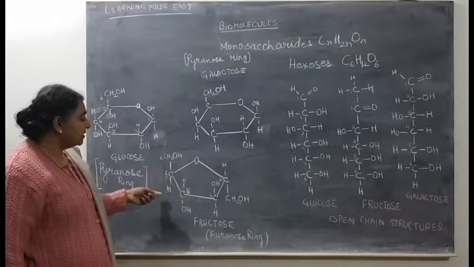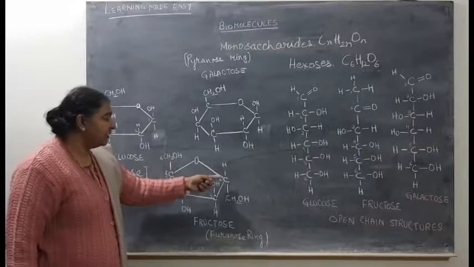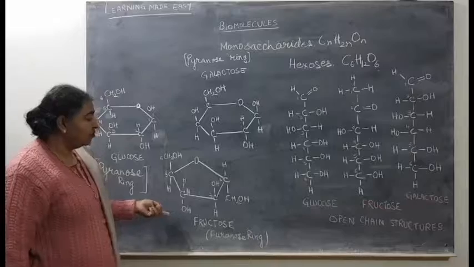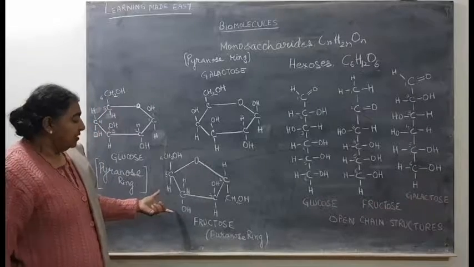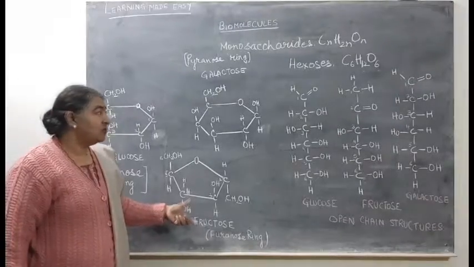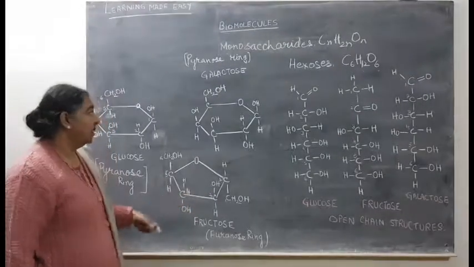Again, these carbon atoms are attached with one another in the ring, and this furanose ring is a sugar which is normally present in fruit. So sometimes we call fructose as fruit sugar.